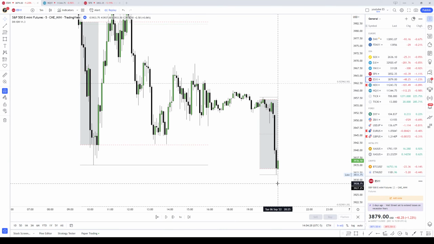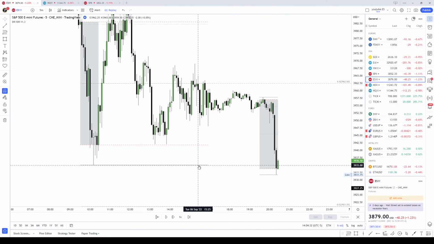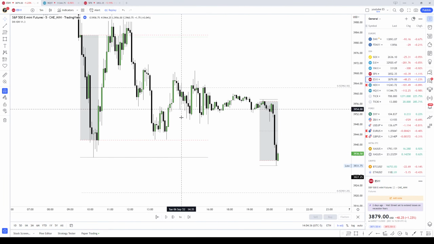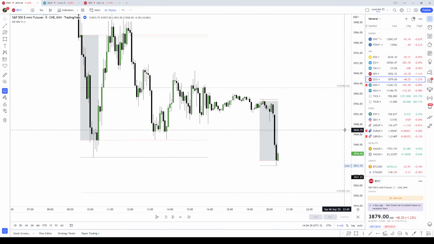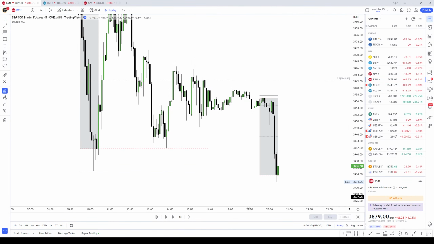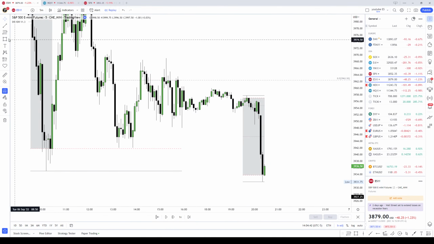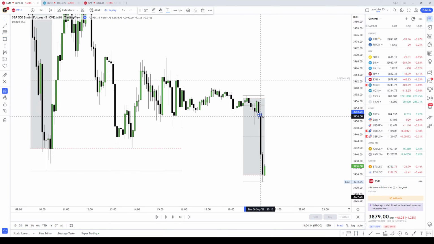As you can see, the session is finished. So far, we see a break from the previous DR levels. And that's all what we can see. The only reason why I would not consider a short here is the volume imbalance in here.